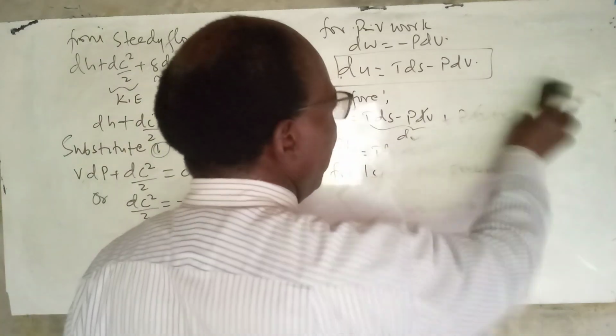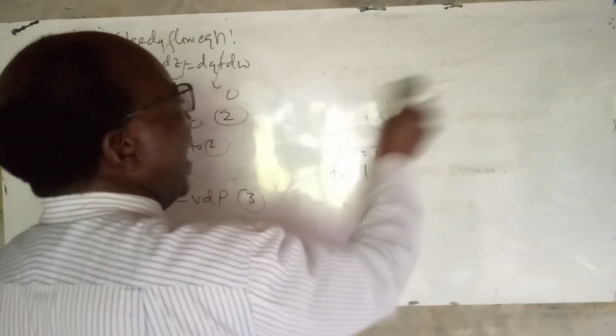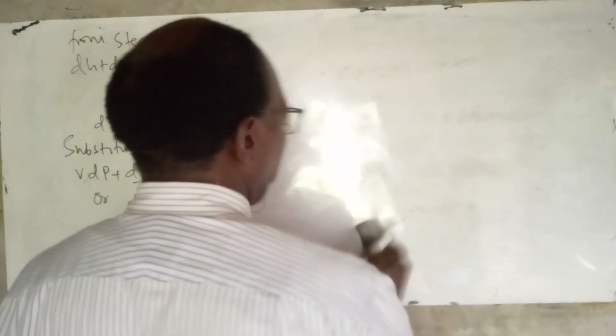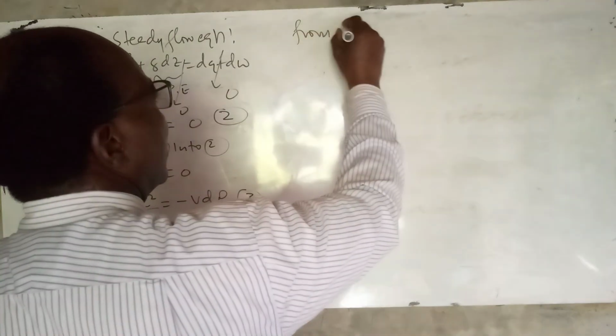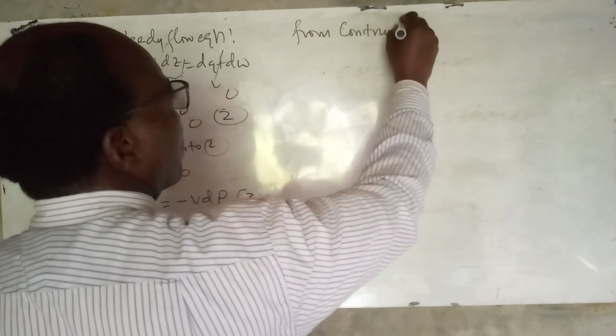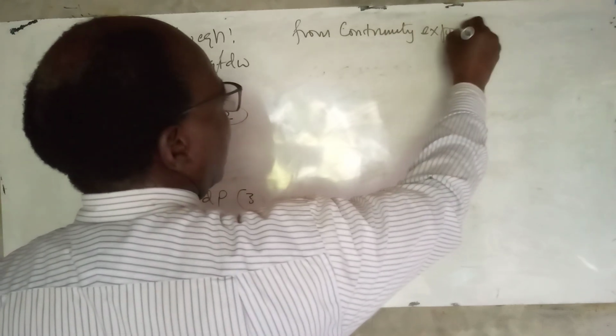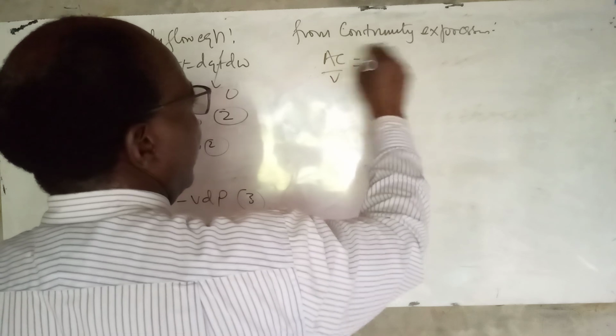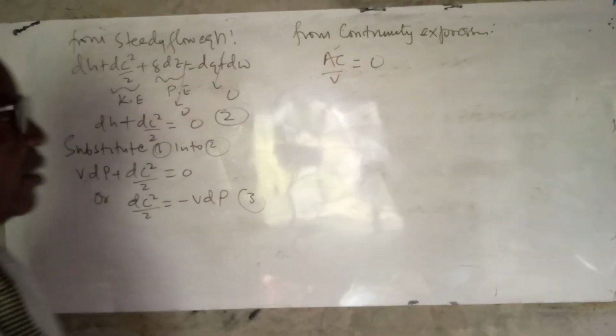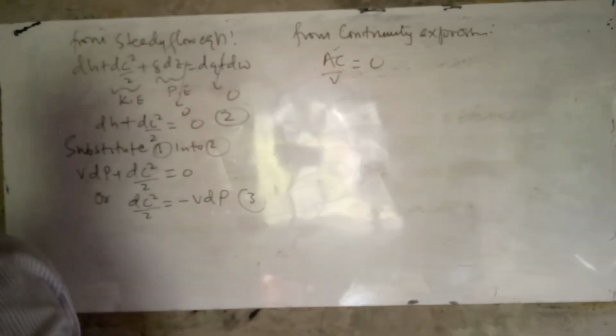And if you recall, in our earlier lectures on steady flow equations, we said that from the continuity expression, we have AC over V is equal to a constant, where A is area, C is velocity, V is specific volume.